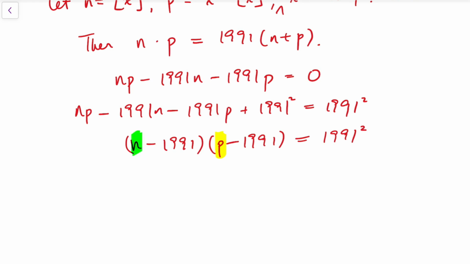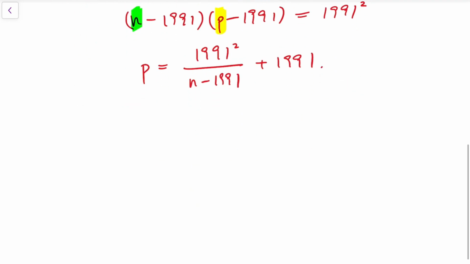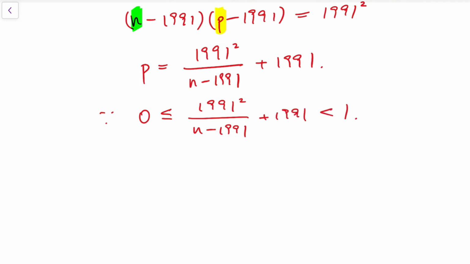So let's try. Now p equals 1991 all squared over n minus 1991, plus 1991. And we know this expression is between 0 and 1. We can first divide the whole inequality by 1991 to make things easier.